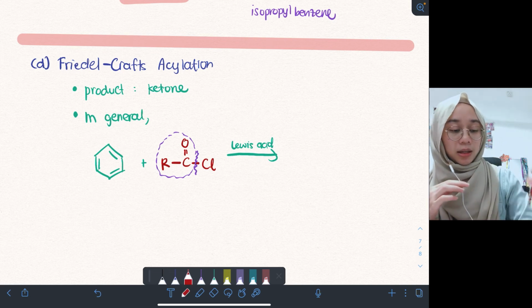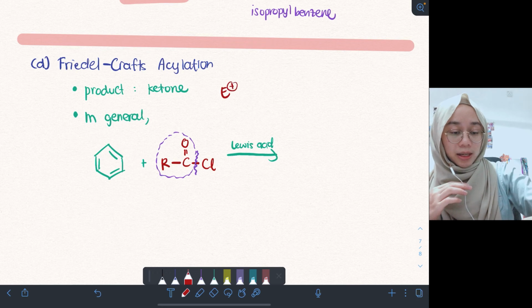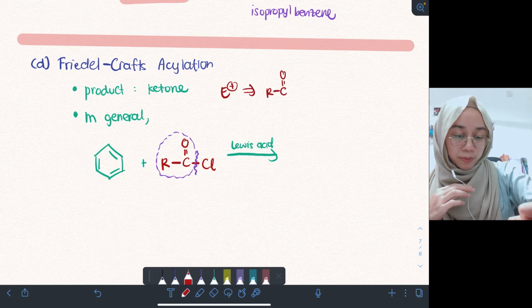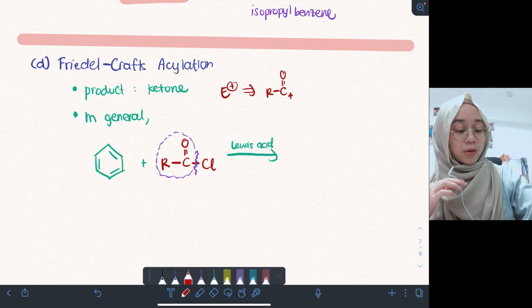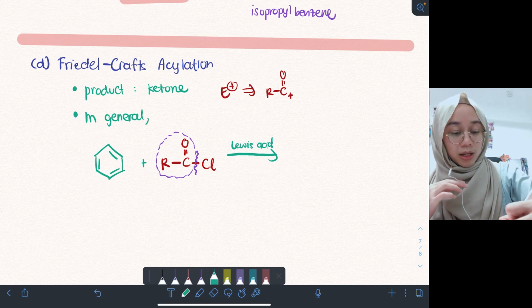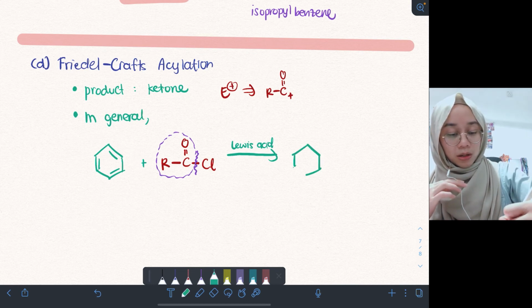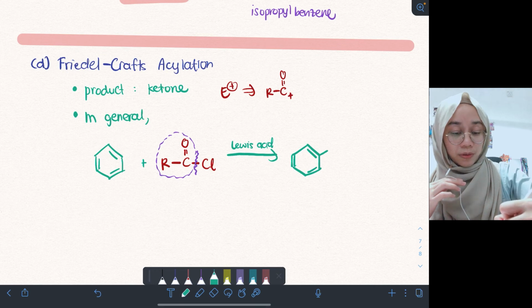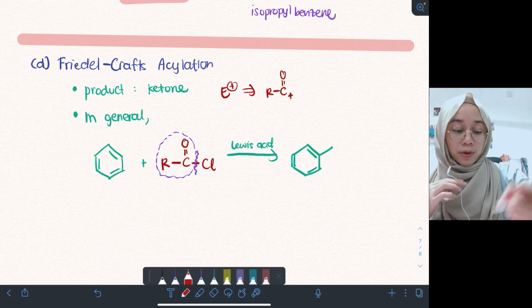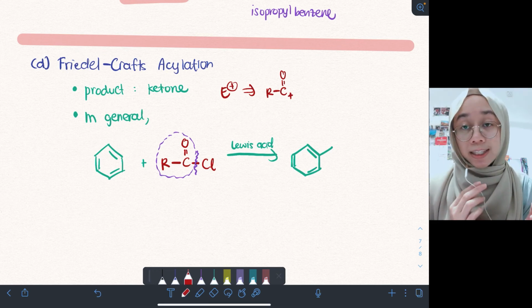Jadi basically kita punya electrophile in this case adalah R C double bond O. Positive sign tu berada dekat carbon yang C double bond O tu. Okay, so now kita akan kasih masuk the RC double bond O tu. Okay, so make sure class the one yang kamu putuskan adalah antara C dengan Cl.